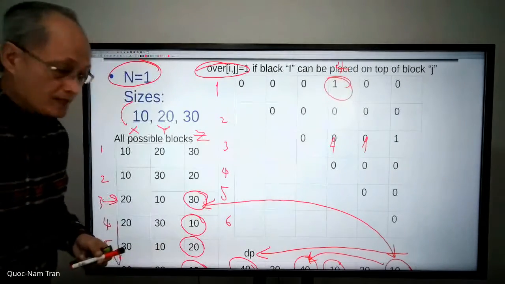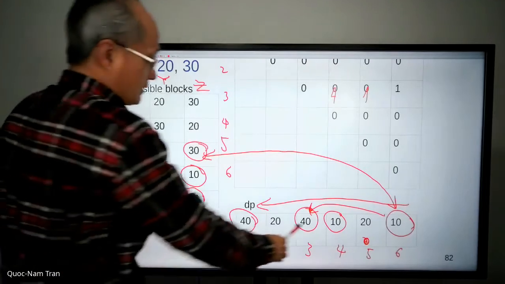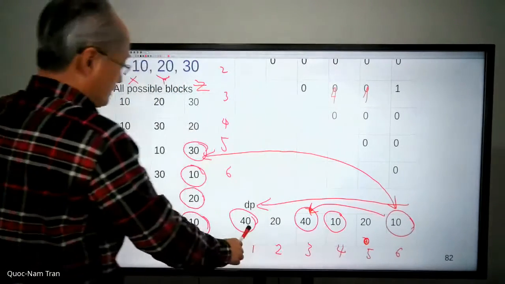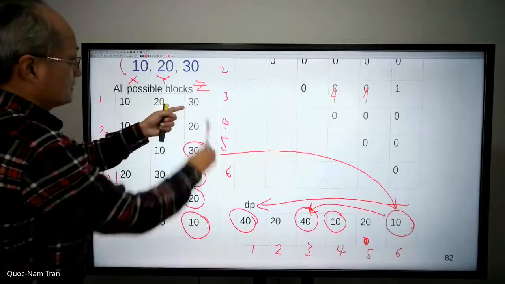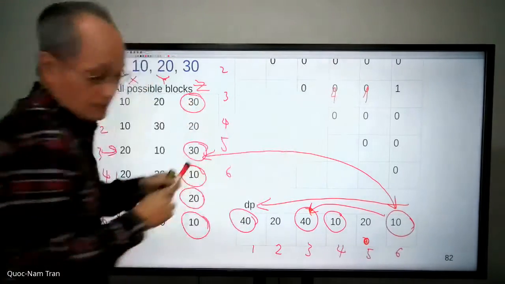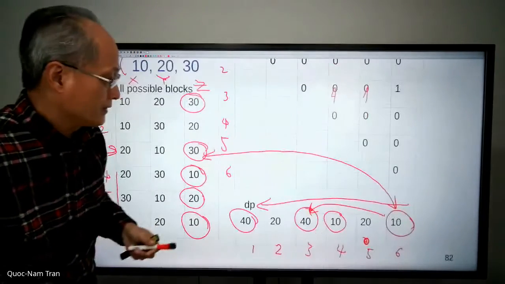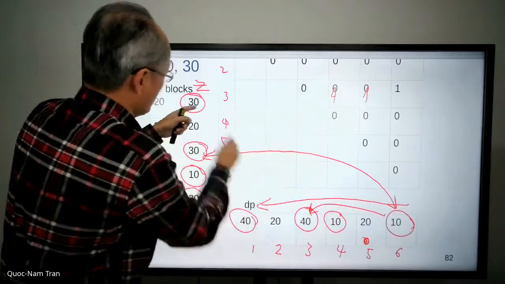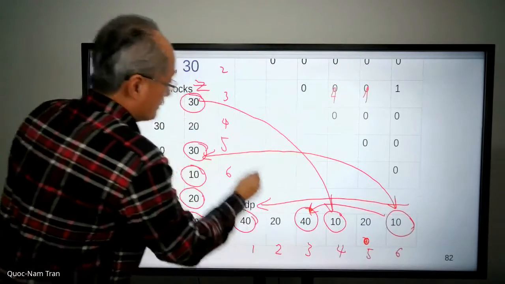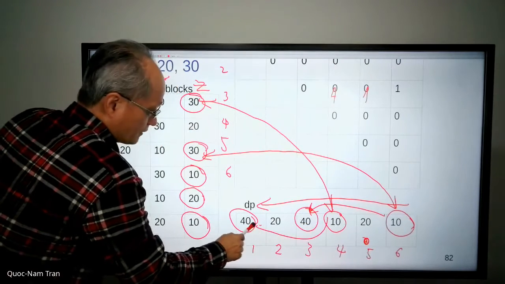So that said, DP4 is 10, and DP1 is 30, and then we add DP4, which is 10, so we add this one and put it here, right?